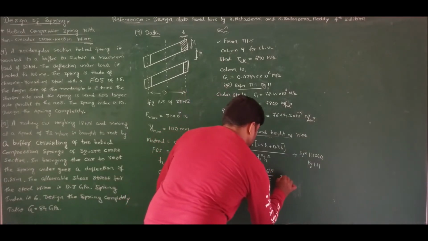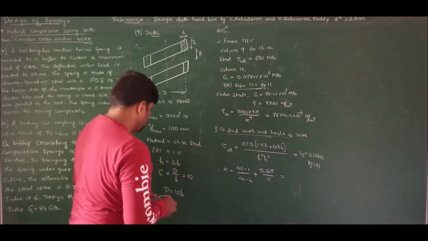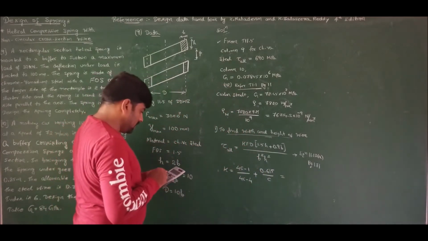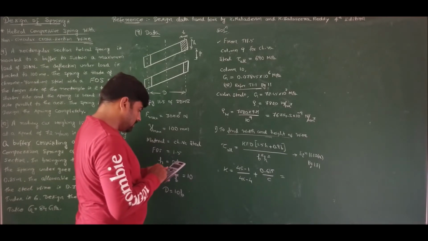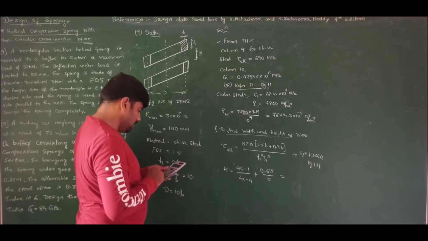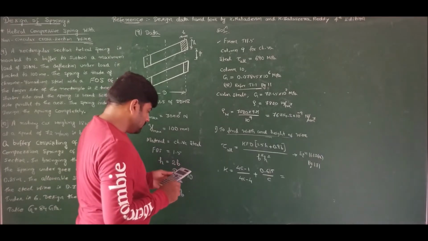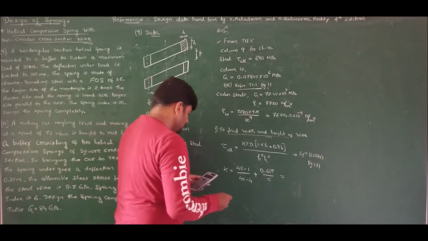Substituting C as 10, I get (40 minus 1) by (40 minus 4) plus 0.615 by 10, which is 1.145.